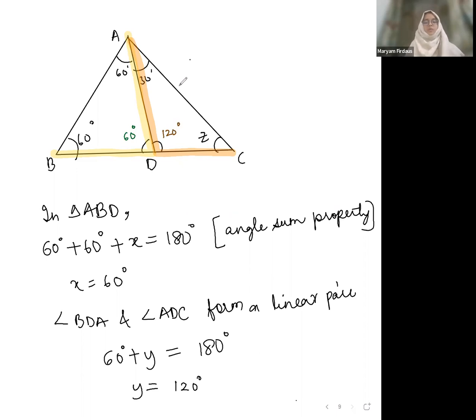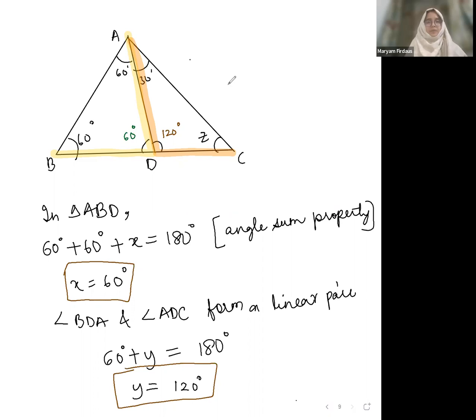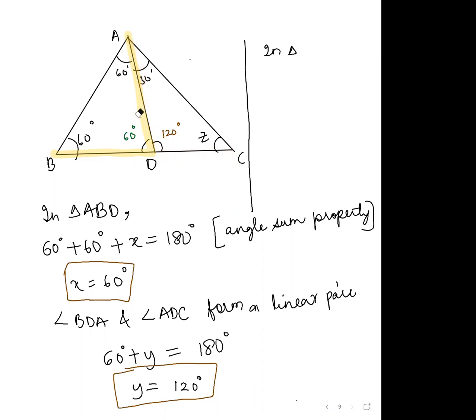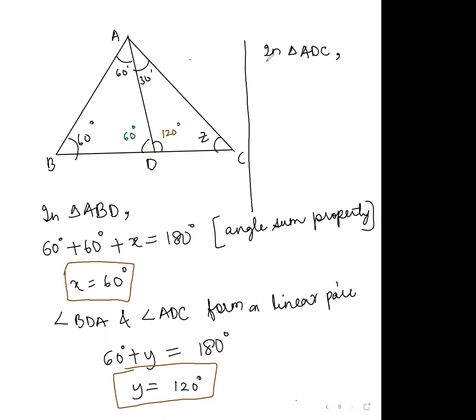Now, what about Z? Z plus 120 plus 30 gives 180. Very good. So here we will say, in triangle, which triangle? ADC.